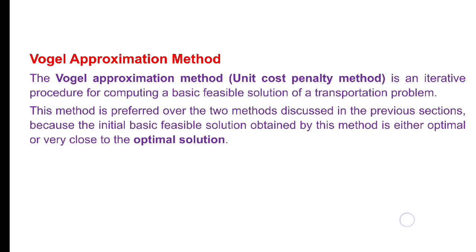Steps in Vogel's approximation method. What are the steps to be considered? Identify the boxes having minimum and next to minimum transportation cost in each row and write the difference, that is called penalty, along the side of the table against the corresponding row.